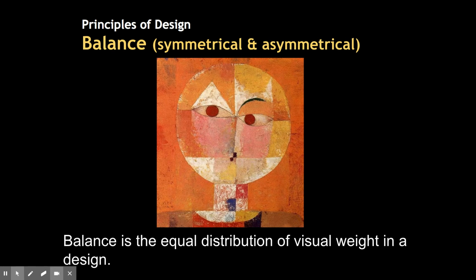Let's talk about principles. Balance is our first thing that human beings love. We have evolved over human history to appreciate symmetry because it's what's considered a fitness marker in evolution.